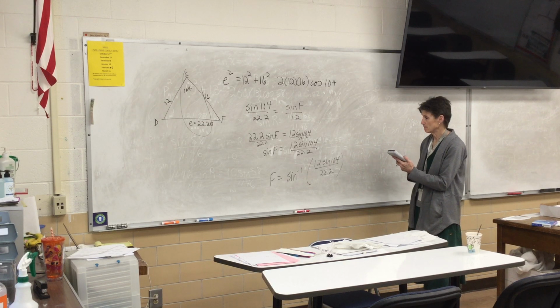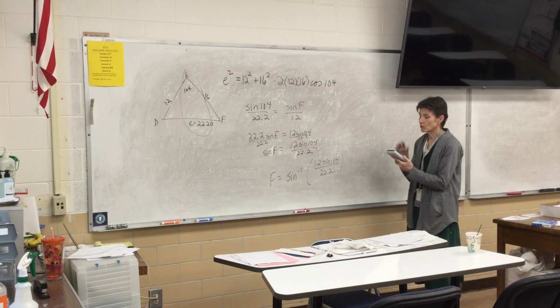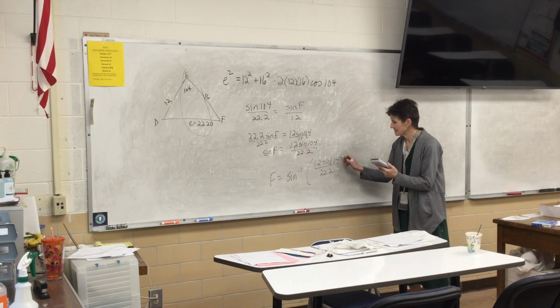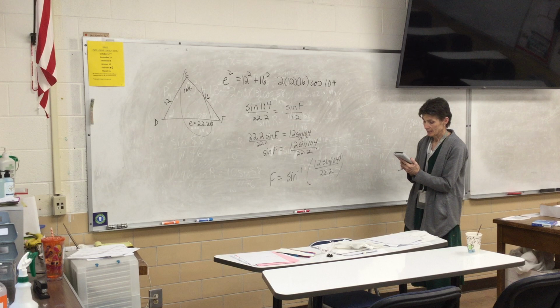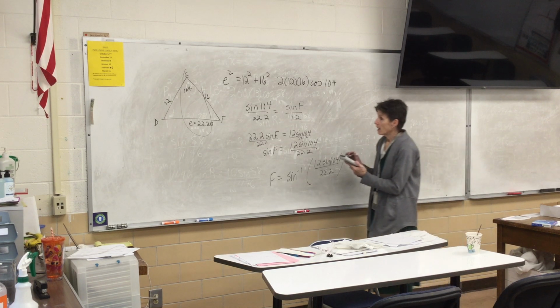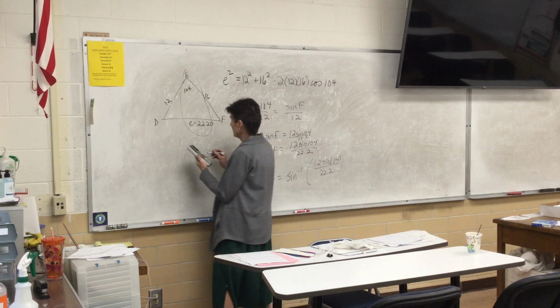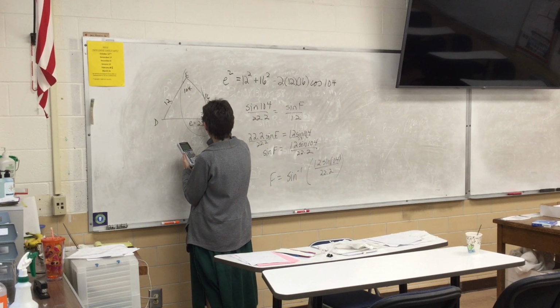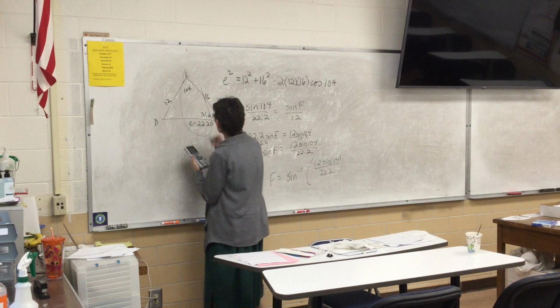Second sine 12 sine 104. Don't forget to close the parentheses after the 104. Divided by 22.2. For angle F, I got 31.63.